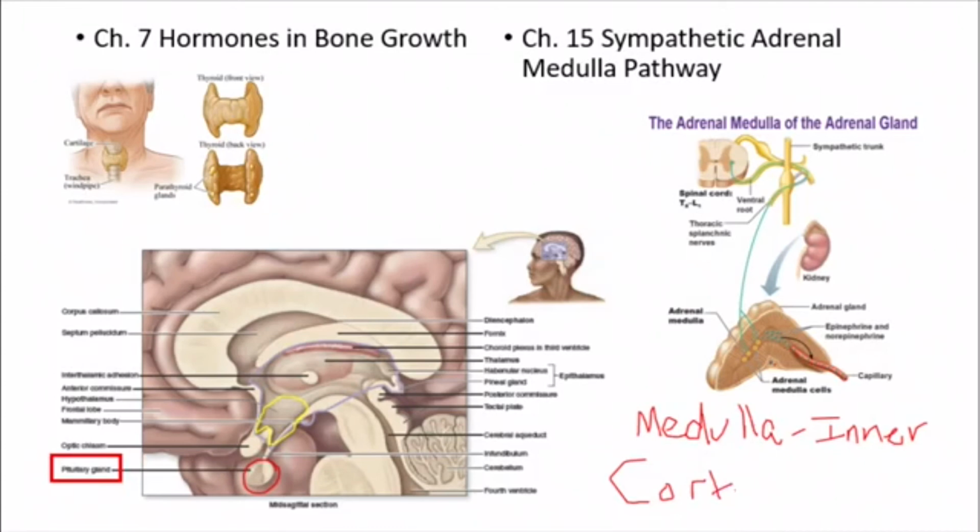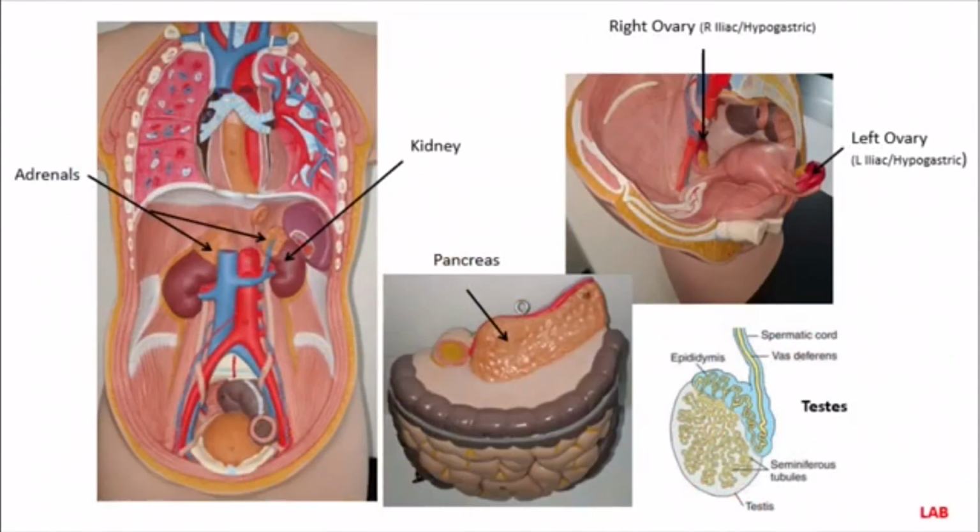But you'll see cortex and medulla a lot throughout 168 and 169. The kidneys, that renal describes kidneys, and you'll see the adrenals right on top of them. You'll want to look for the ovary in the female model. Pancreas is part of endocrine, so you'll locate these on the models.